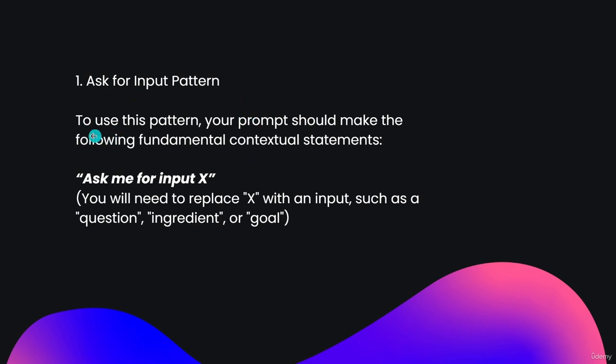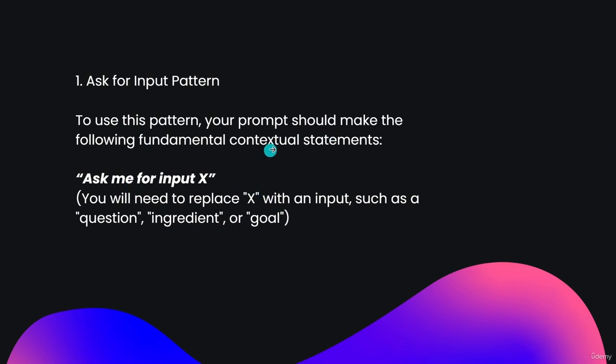To use this pattern, our prompt should make the following fundamental contextual statement: ask me for input X. X is nothing but our goal, task or question, so we have to replace X with the thing for which we want output from AI. That is simple.